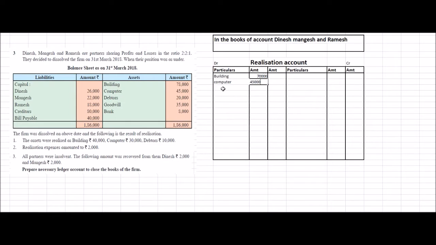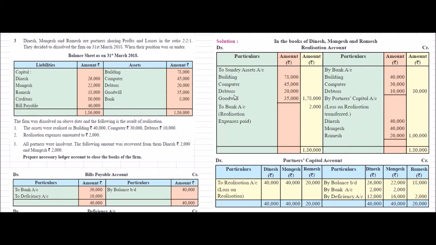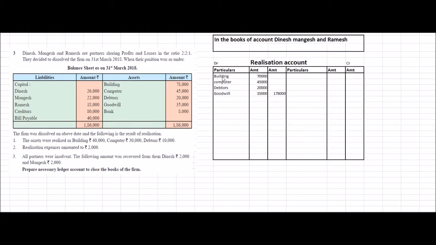Next are data's amount and goodwill amount. So building 70,000, computer 45,000, data 20,000 rupees and goodwill 35,000 rupees. Altogether the amount is 1,78,000 rupees. This 1,78,000 rupees is the assets amount, which will be sent to the realization account.